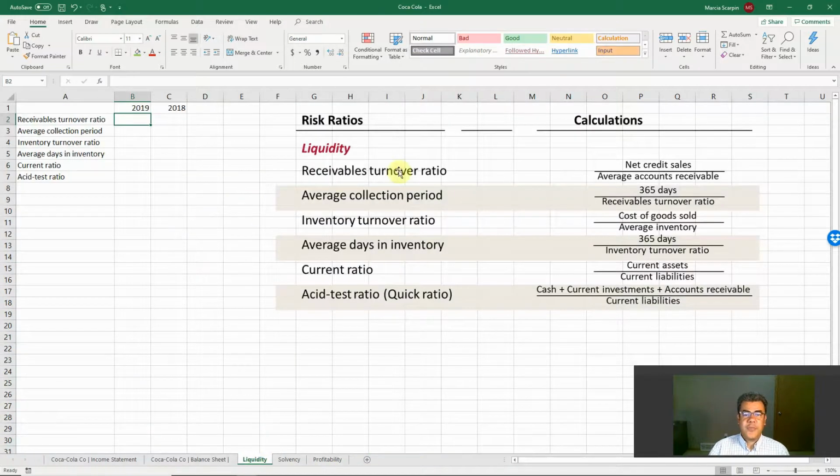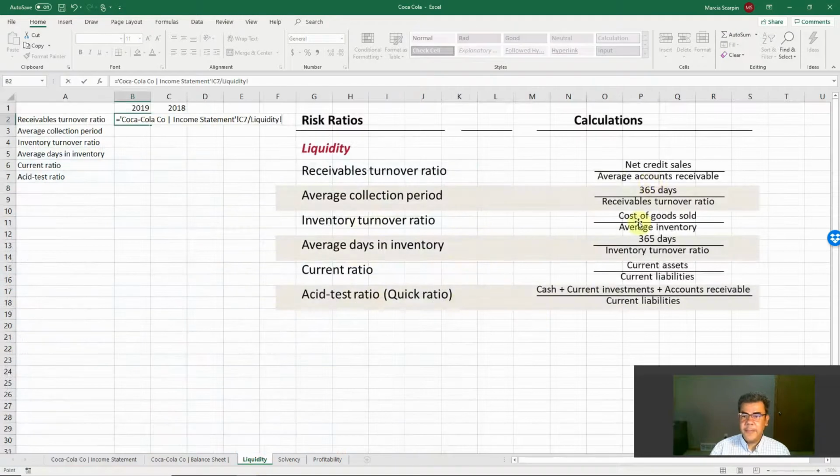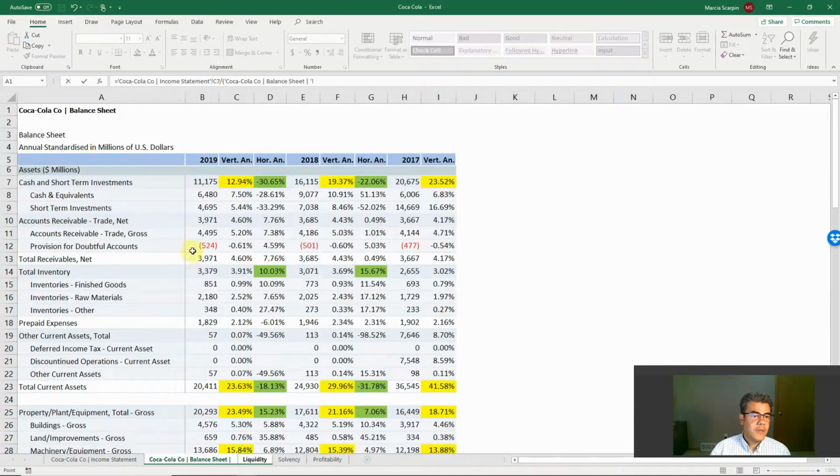So let's do it. Receivables turnover ratio, net credit sales. We don't have it, so net sales. Income statement, net sales, this one in 2019, divided by average accounts receivable. So the average accounts receivable is, in parentheses, accounts receivable on the balance sheet.